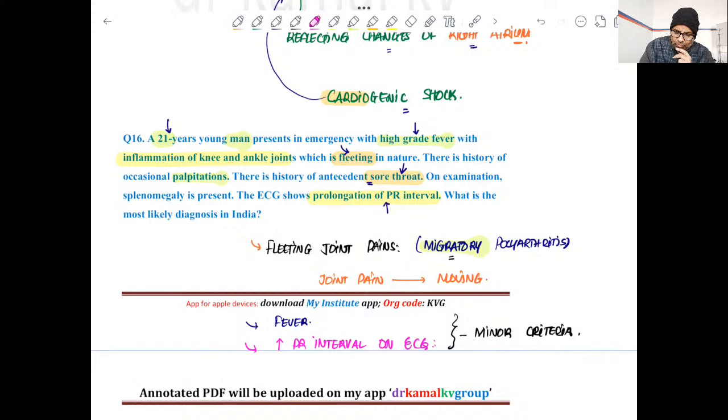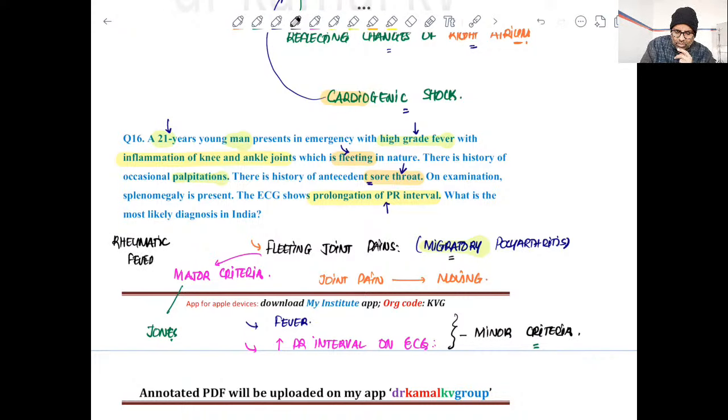And this one is, of course, one of the major criteria. And I think most of you can catch the word Jones here. So what your condition has to be? It has to be rheumatic fever. Very good. So this is rheumatic fever.